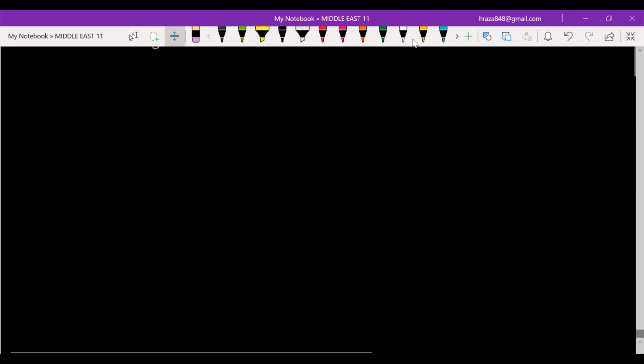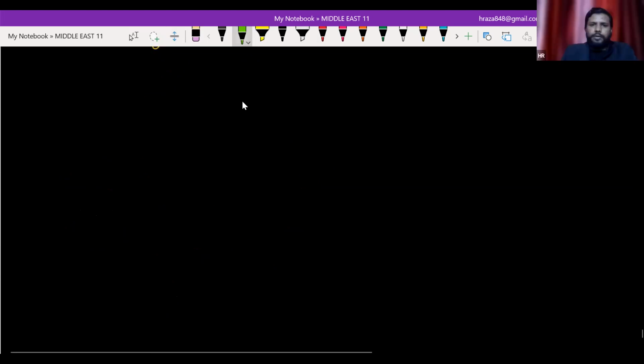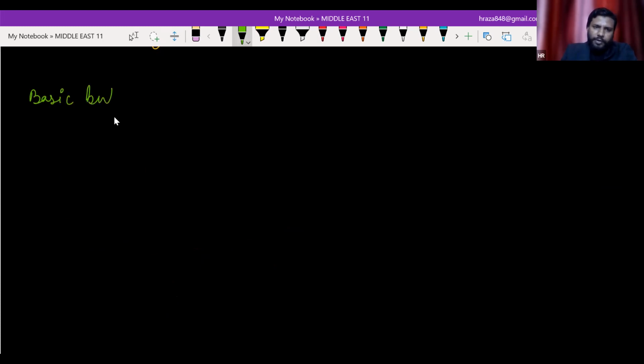Okay. Second type of buffer, that is basic buffer. In acidic buffer, we required weak acid with its conjugate base. And another definition, weak acid with a salt of this weak acid with a strong base.